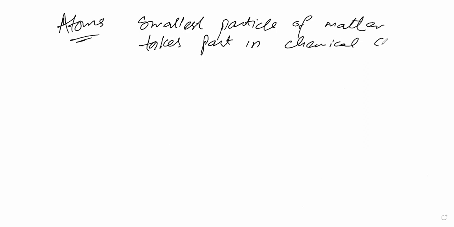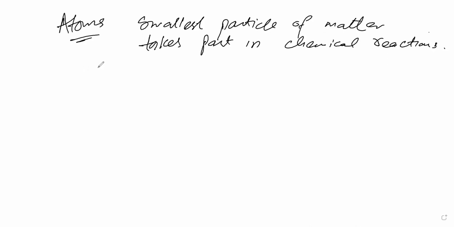Is it clear? Yes, reactions. Suppose I give you an example, and this is very important to understand the difference between the atom, elements, and the molecules. Next we will study molecules, so I will give you one brief example so you will be able to understand and differentiate between all of these terms.